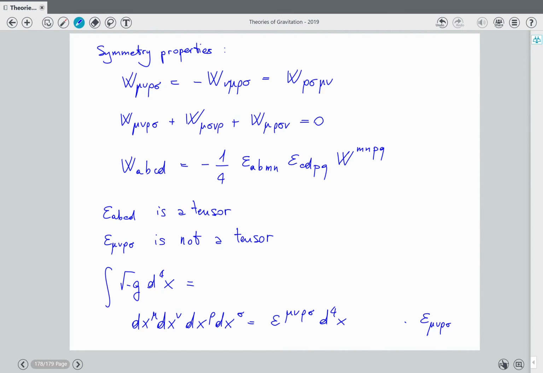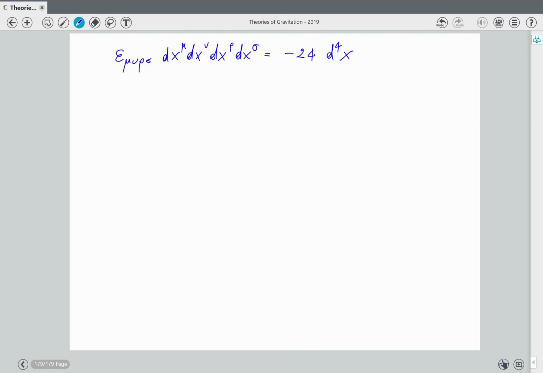So let me write this square root of minus g times d4x. I just replace d4x with minus 1 over 24, that.